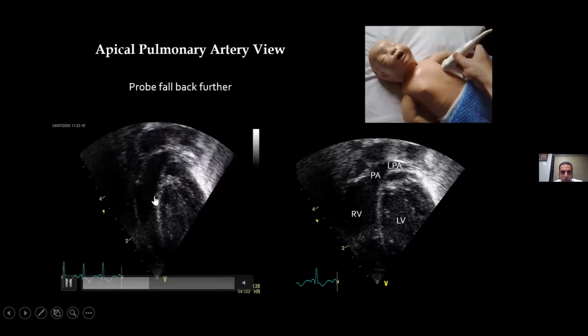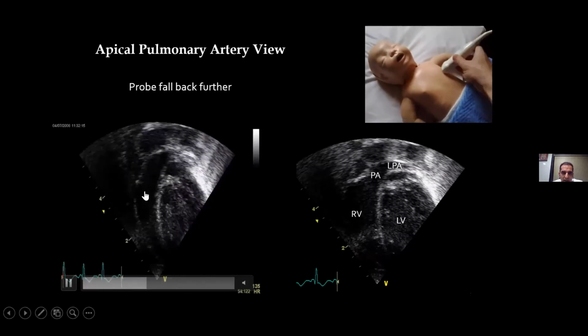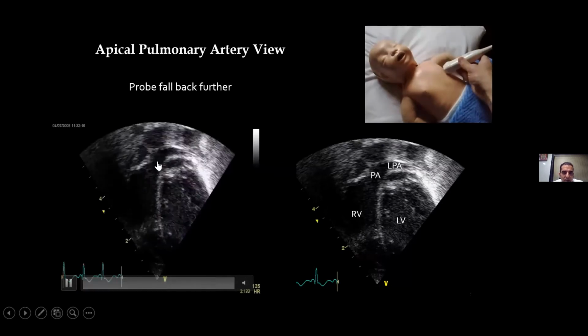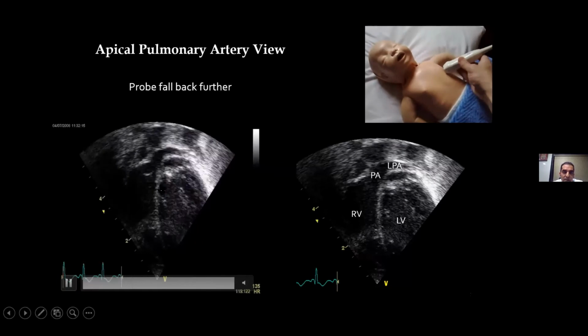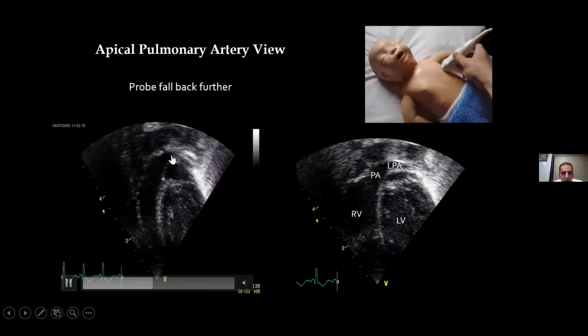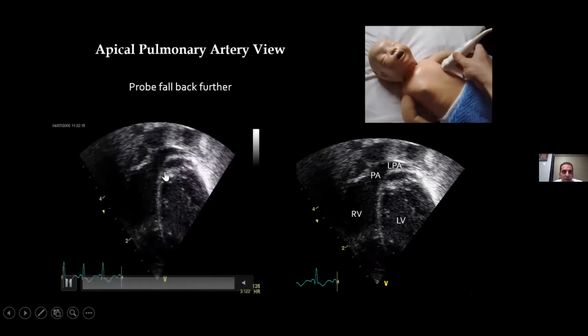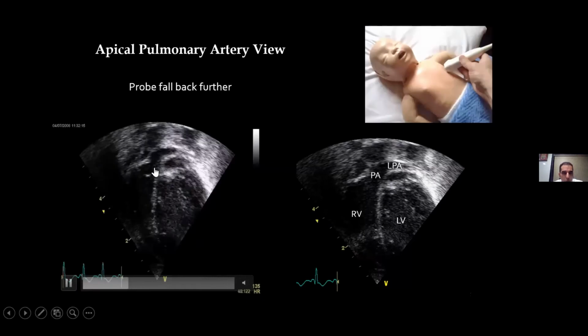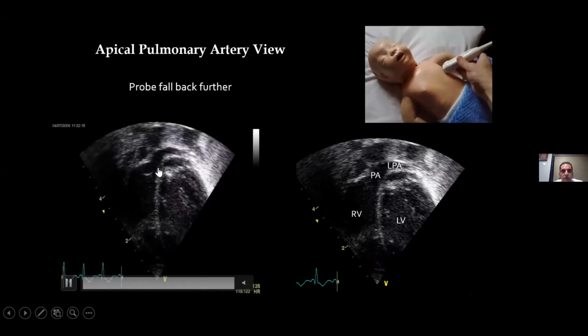And when you see that your aorta is gone, and at right angle another vessel appears, that is the pulmonary artery, it rules out your TGA. You will never see aorta and pulmonary artery in the same plane. If you start seeing aorta and pulmonary artery in the same plane, we call it double barrel view, and that is for DTGA, transposition of great arteries.